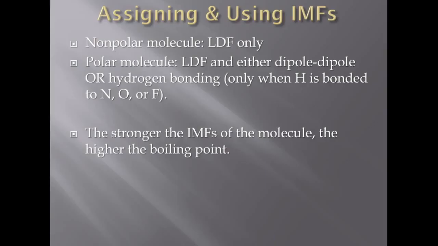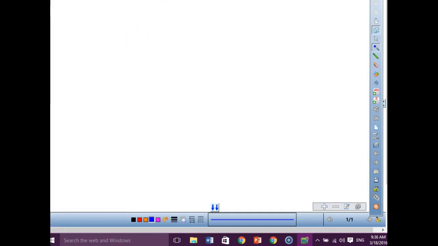Next we'll practice assigning whether something's polar or nonpolar and the forces, and then deciding which one has the greater boiling point. We're going to do some examples of doing this.